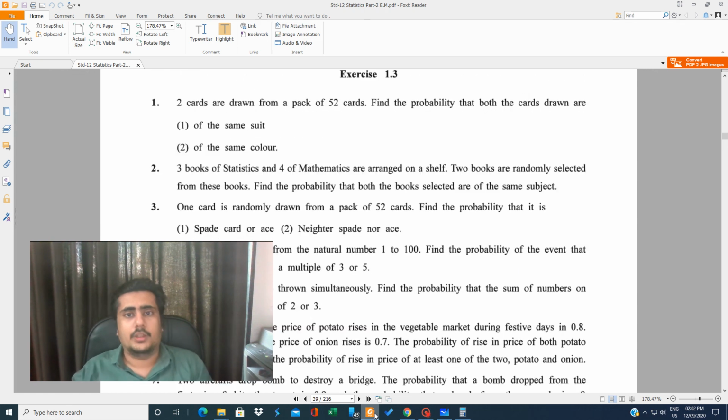Okay, then let us start from exercise 1.3, number 1. Two cards are drawn from a deck of 52 cards.